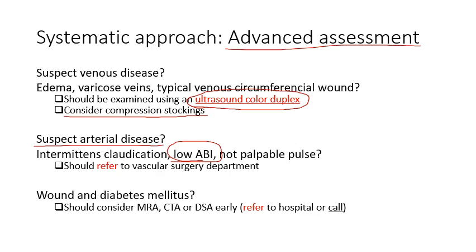If you can't find any pulses, or if they have a low ankle brachial index, especially those under 0.5, you should definitely suspect arterial disease, and they should be referred to a vascular surgery unit in order to do the necessary examinations. And that should, in almost all instances, be an MR angiography.